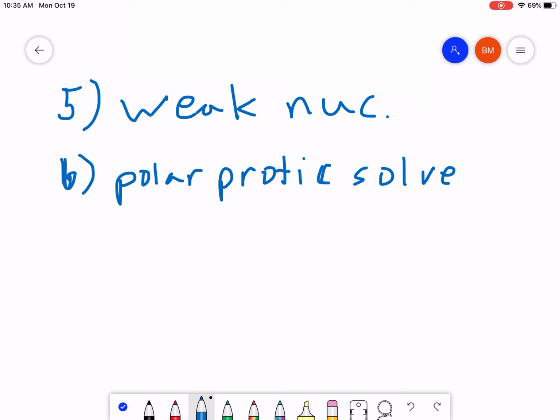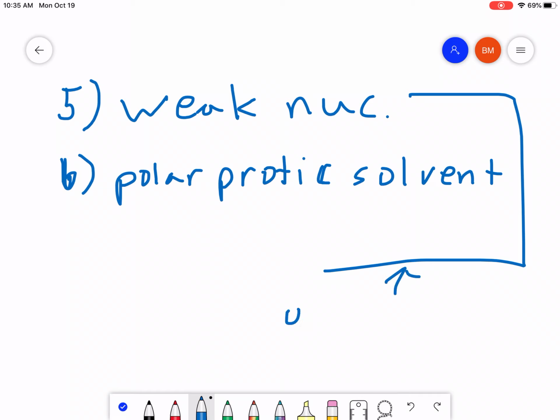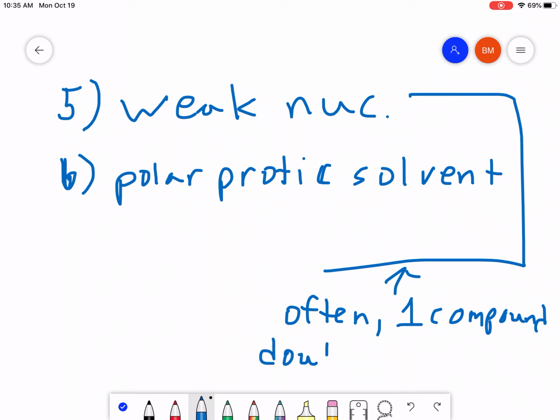And one thing that's kind of interesting is that often one compound will double as both. You notice in the two examples I put, one had water and one had, I think, methanol.